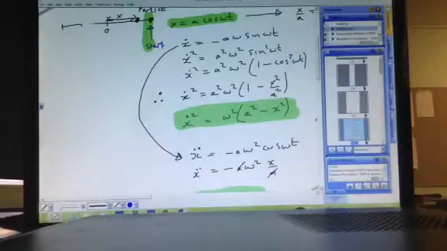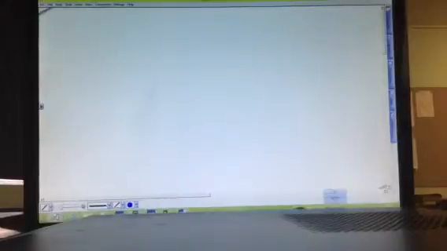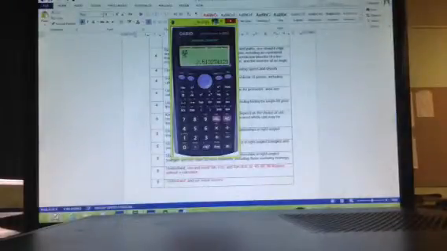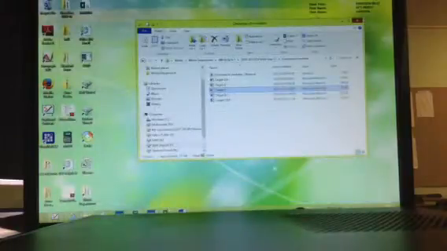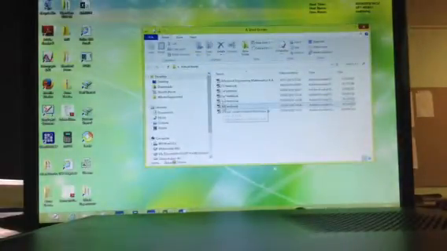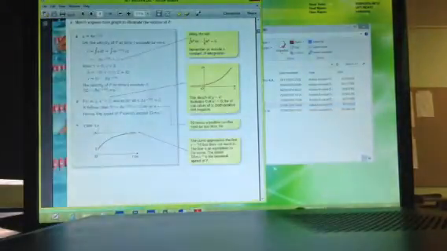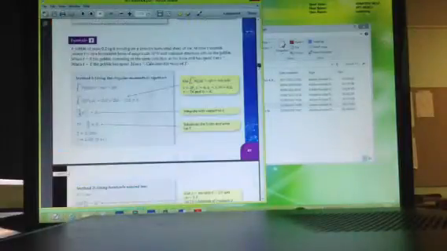So what do I need to do? I need to go to whiteboard, which I've done. I need to go to a fresh page, which I've done. I need to get rid of that, and go to the books, and M3, and then open the page. Right, scroll down.